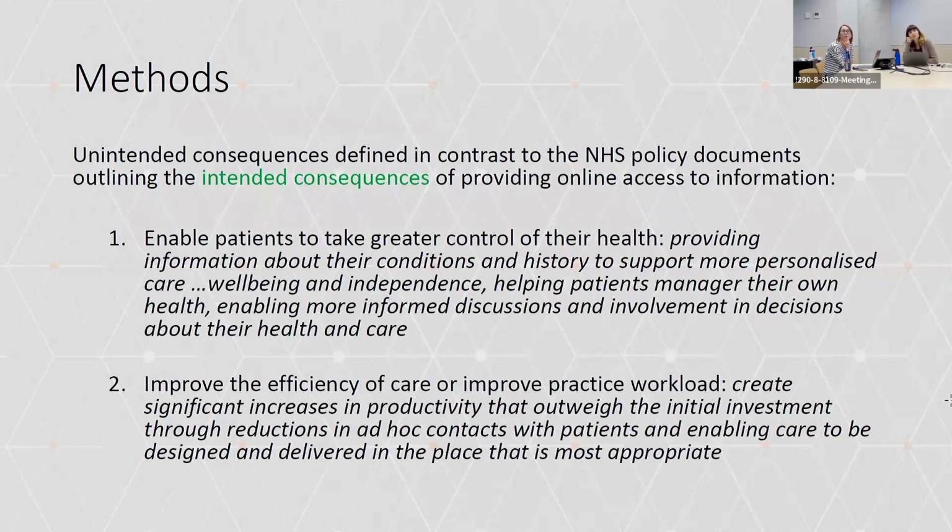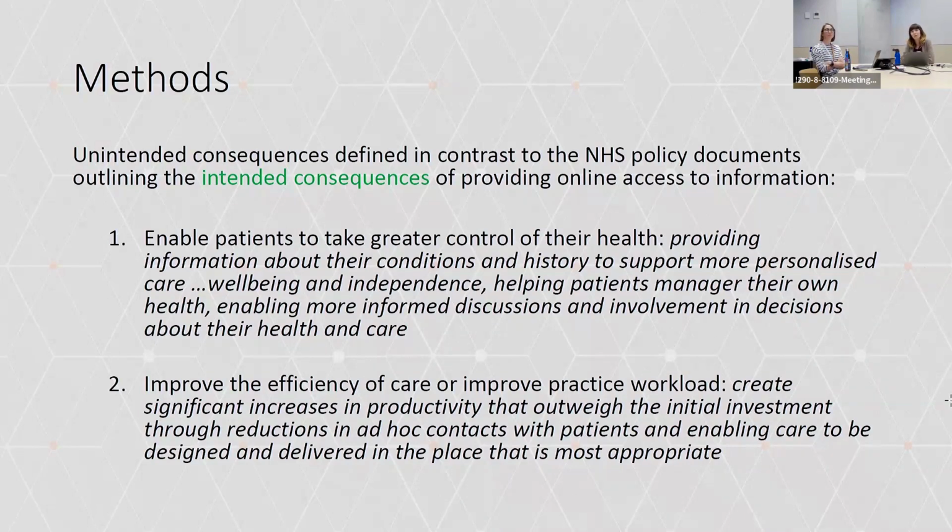So they defined unintended consequences by contrasting it with NHS policy documents that outlined the intended consequences of providing online access, which I really like that they did. So they went and looked at policy and said, when we implemented this policy of providing online access, what did they intend for it to do?